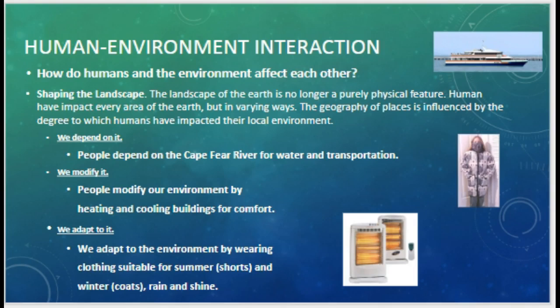Human-environment interaction. How do humans and the environment affect each other? Shaping the landscape. The landscape of the Earth is no longer a purely physical feature. Humans have impacted every area of the Earth, but in varying ways. The geography of place is influenced by the degree to which humans have impacted their local environment. So we depend on it.